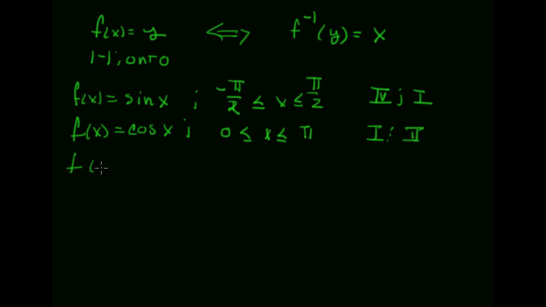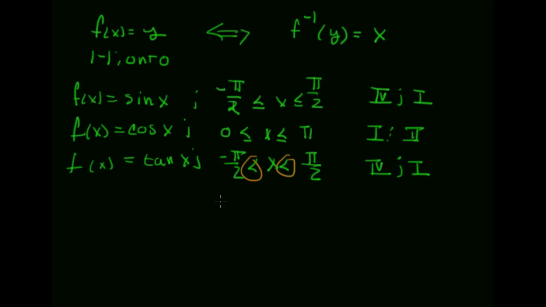And the tangent will have an inverse like the sine, from negative pi over 2 to pi over 2, restricted there. And that's again in quadrants 1 and 4. Note the tangent is a little bit different because we don't get equivalence here, and that's because the tangent doesn't exist at negative pi over 2 or pi over 2, because you get division by 0 there.